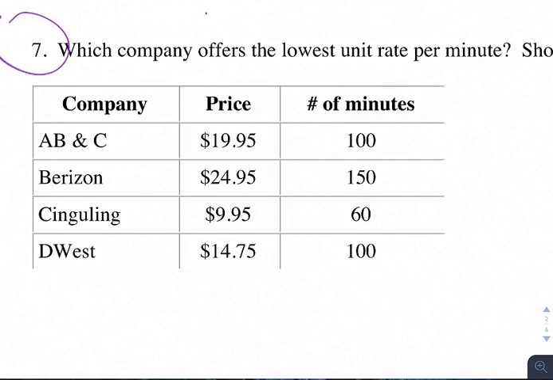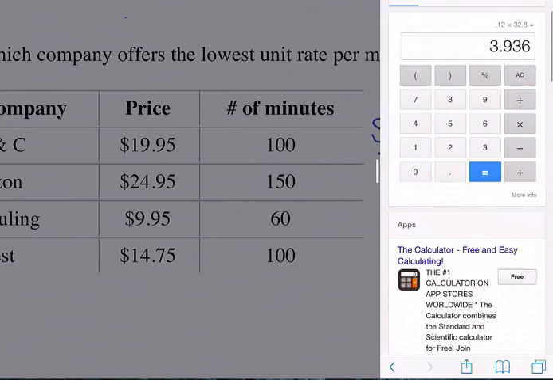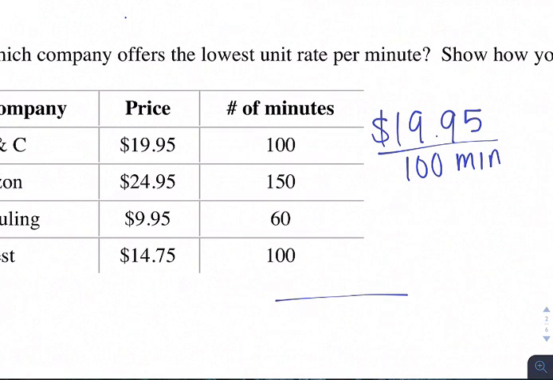So we have A, B, and C, and they have a price of $19.95 divided by 100 minutes. So we have 19.95 divided by 100, and we get 0.1995.